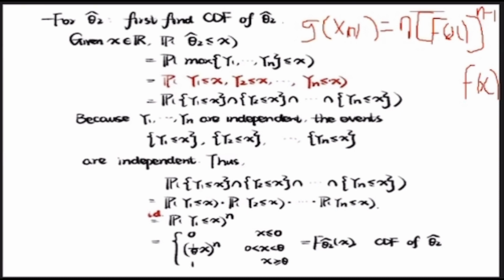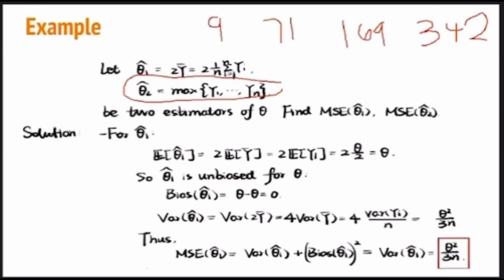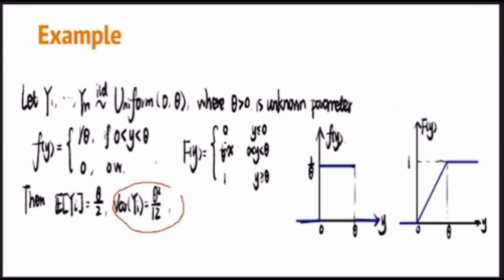Now, the moment I know this, you know what I'm going to do? What is the CDF? What is the f of x? You've already been given here. Do you see that? 1 over theta x.